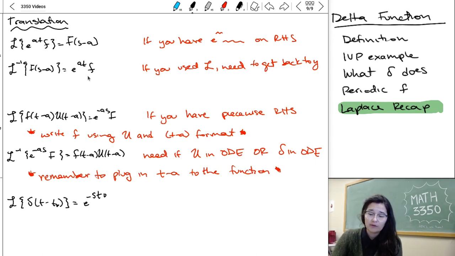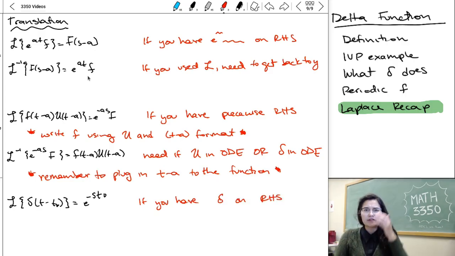And this property we're just going to use if there's a delta in the ODE. And these functions are always showing up on the right-hand side of the equation because our left-hand side is y, its derivatives, and constant numbers. So that would be when we use this property, and then we use that inverse property of u to get back out of it.